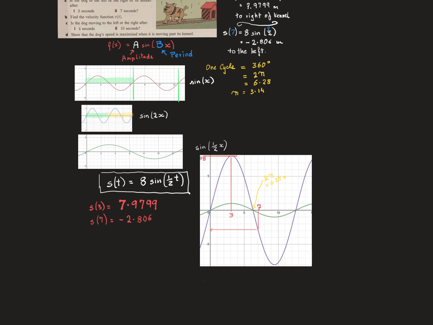Anything above will give you a displacement to the right, and anything below, as in here, is going to give you a displacement to the left. Also, knowing what the period of that sine function is going to help you as well. That wasn't part of the question, but I still wanted you to see what is actually happening.